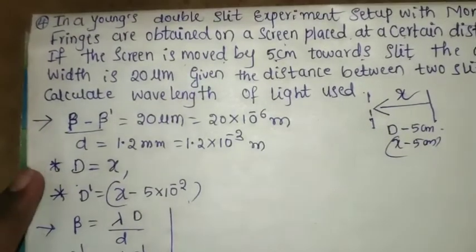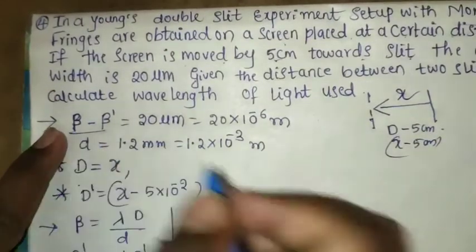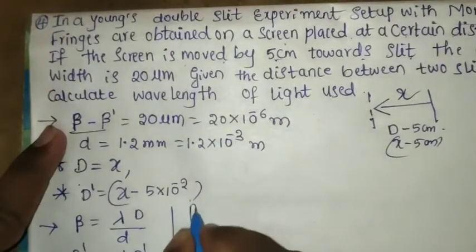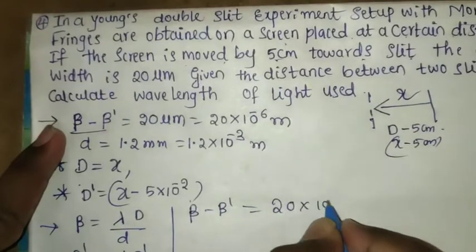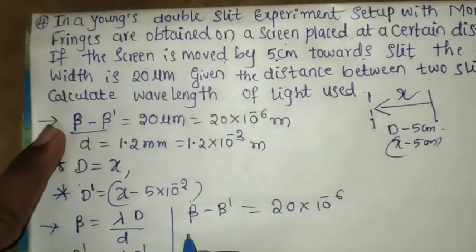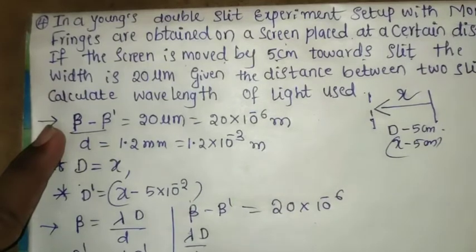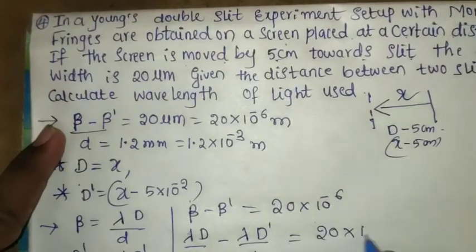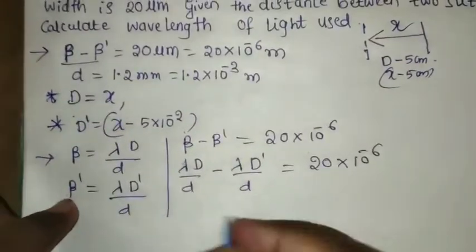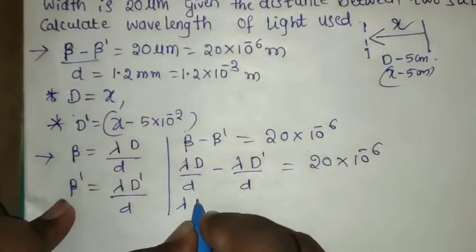Now from the given data, beta minus beta dash equals 20 into 10 to the power minus 6 meter, that is, lambda D by small d minus lambda D dash by small d equals 20 into 10 to the power minus 6 meter. Lambda is unknown, we need to find that.